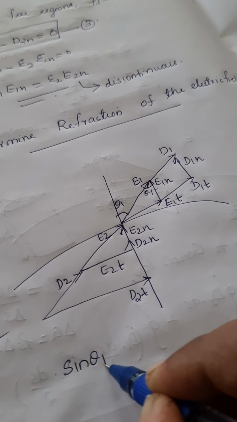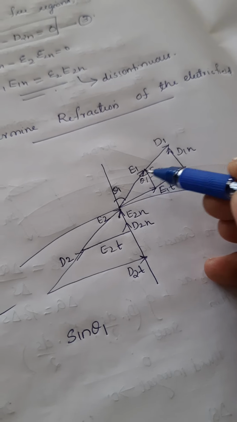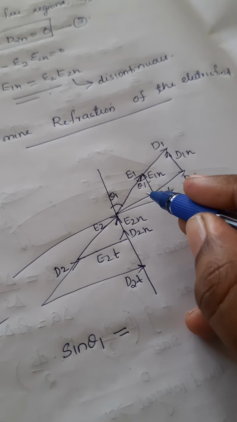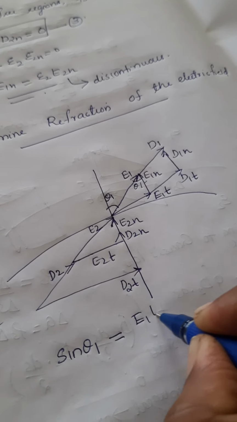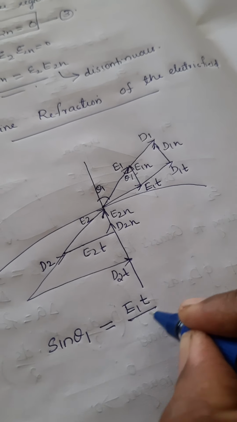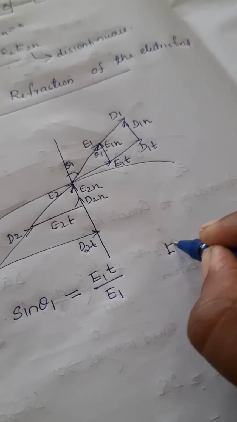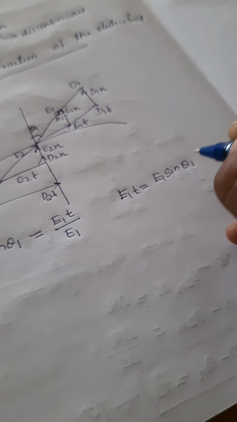So if you take sin theta 1, what is sin theta 1? We get the opposite side, which is E1t, and the hypotenuse is E1. So E1t by E1, and we can write that E1t is equal to E1 sin theta 1.